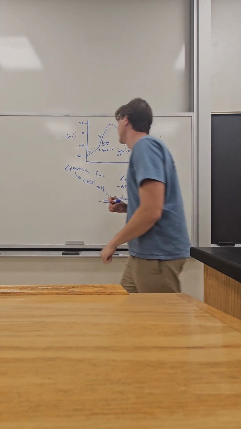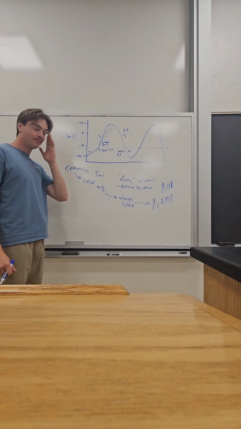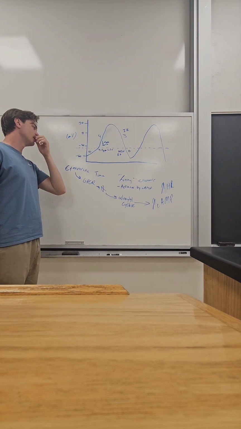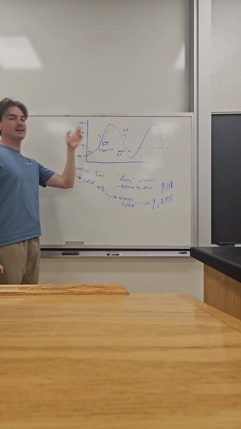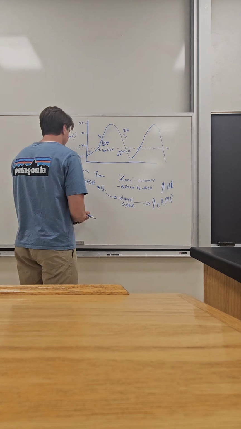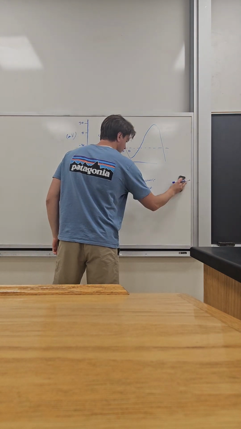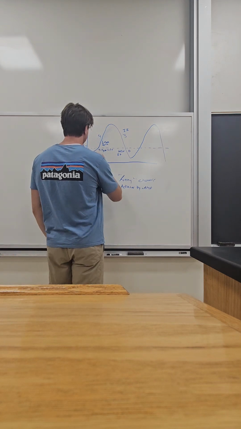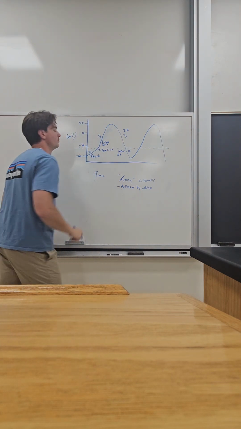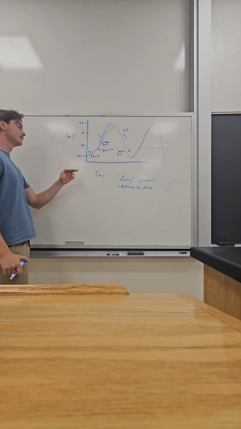Now, interestingly enough, there's parasympathetic inhibition of these cells as well. There are also acetylcholine-activated potassium channels.